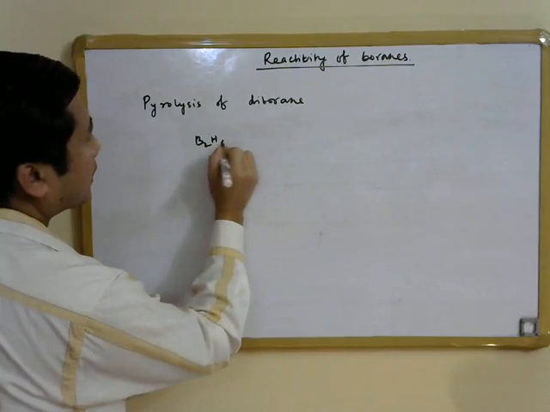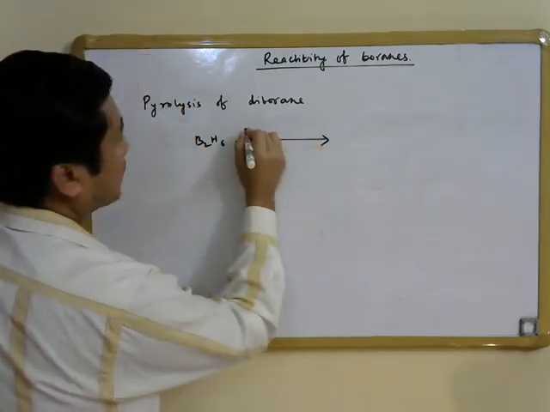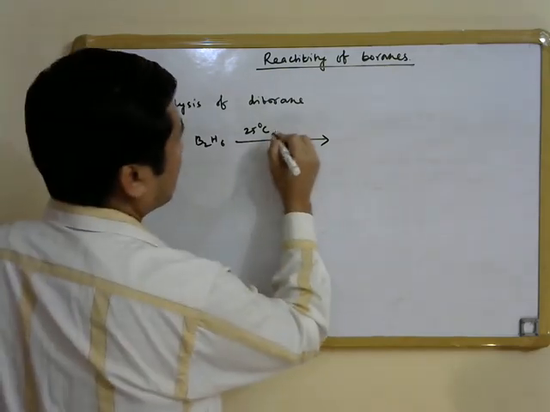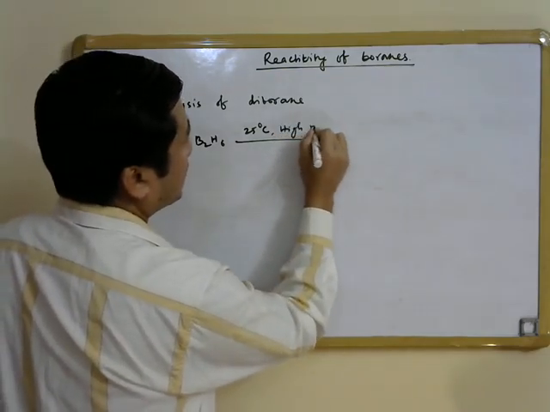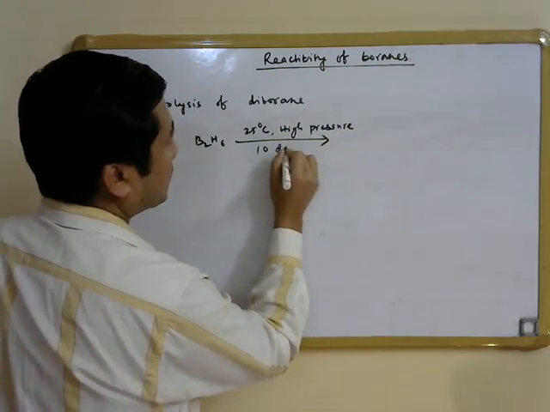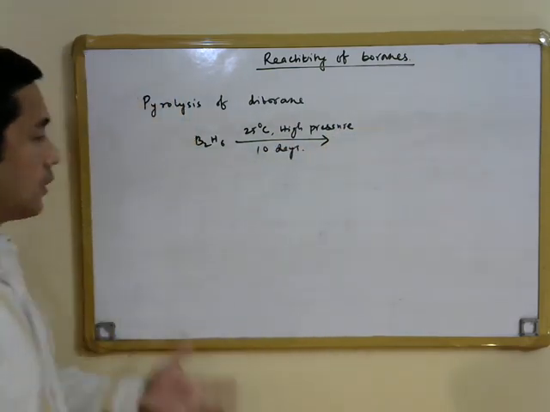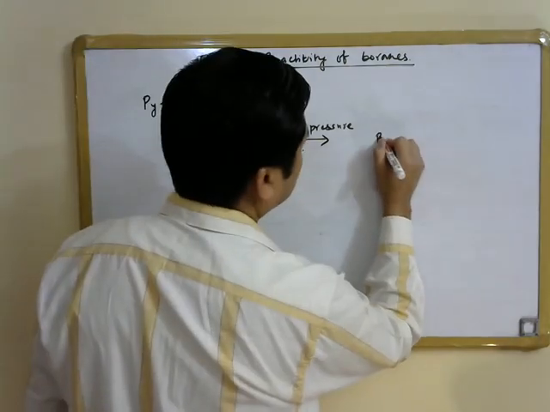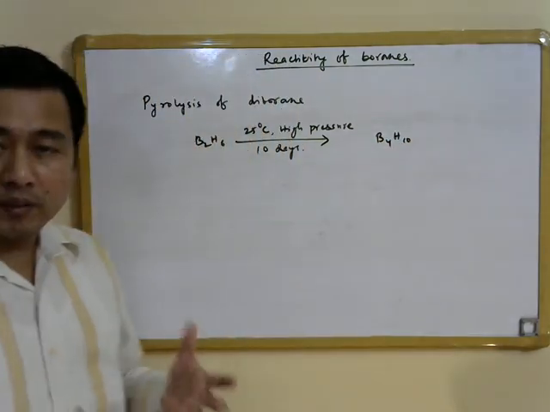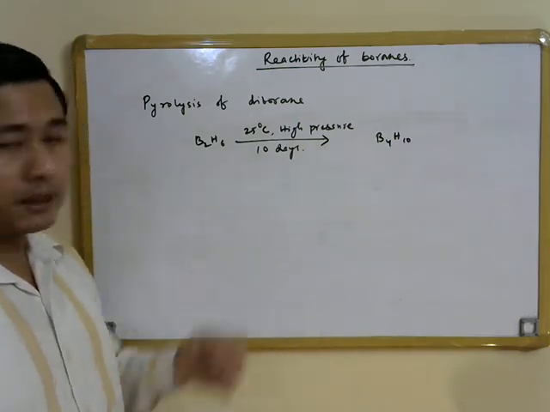when we take diborane and leave it at 25 degrees Celsius under high pressure condition for 10 days, one obtains B4H10 as the major product during this reaction.